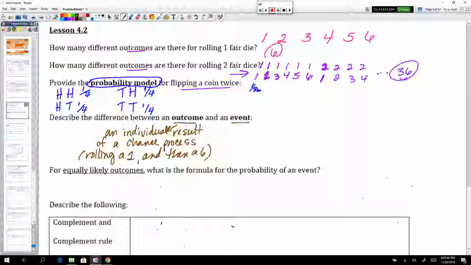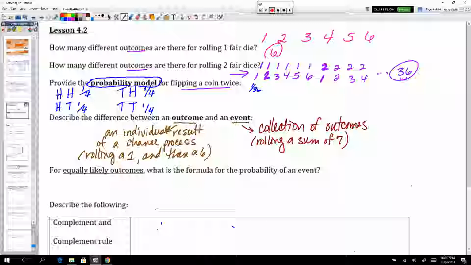And then for event, an event is a collection of outcomes. And the example I want you to use for that is rolling a sum of 7. Notice the difference between an outcome and an event.